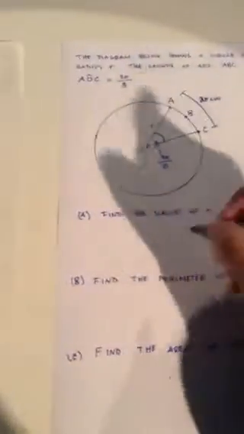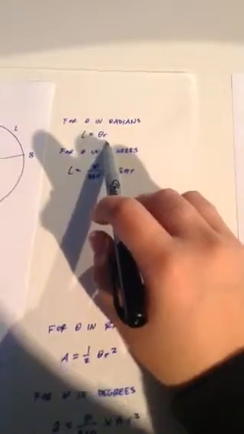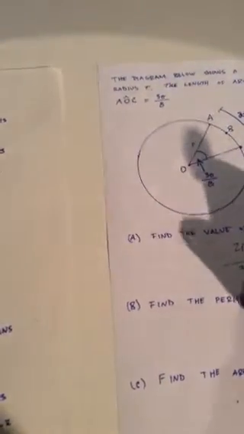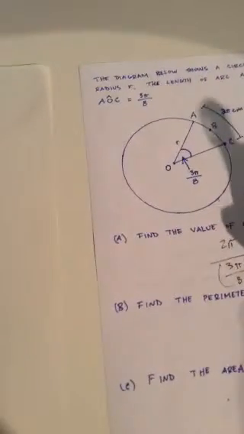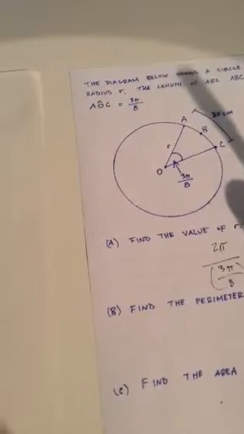Arc length equals theta times radius, so 2 pi divided by your theta, which is 3 pi over 8. And that would give you a radius of 5.33 centimeters.